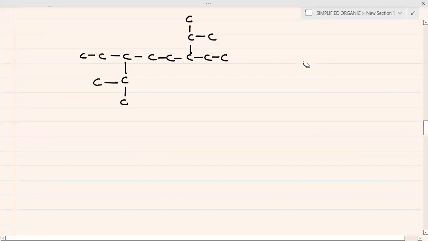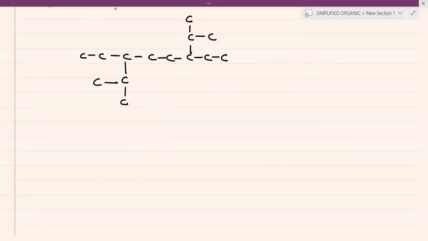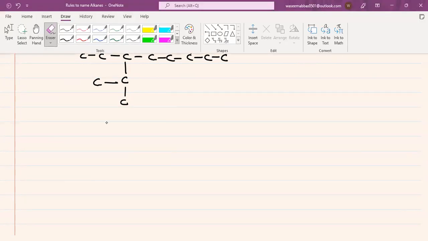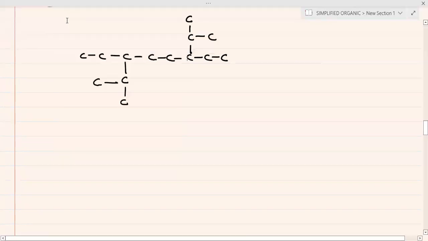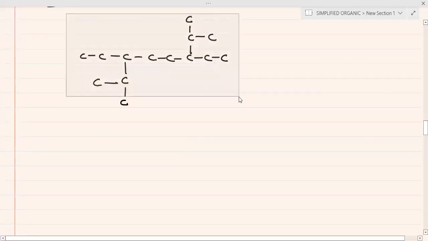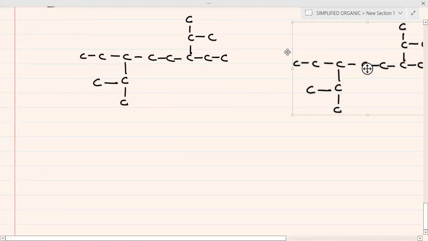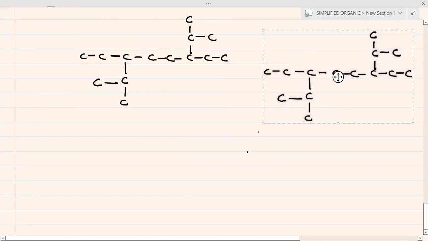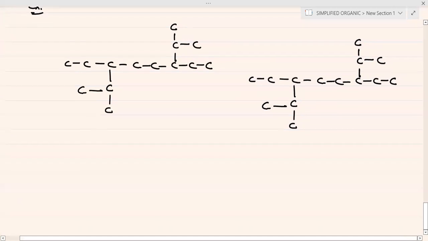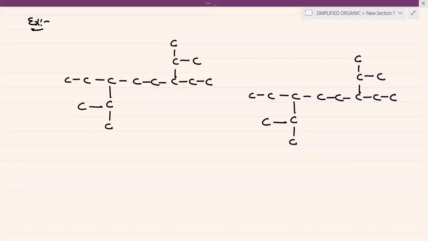Let me copy this same. Okay. So in this compound, I can go for two chains.